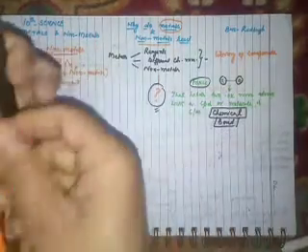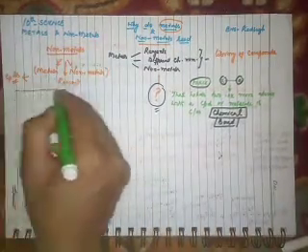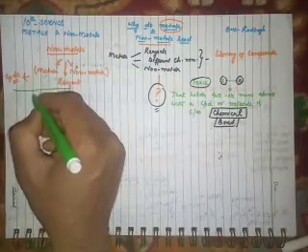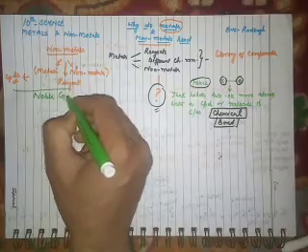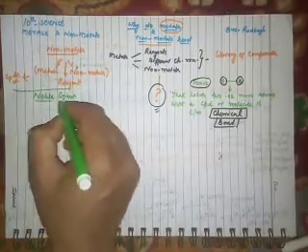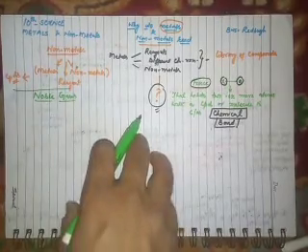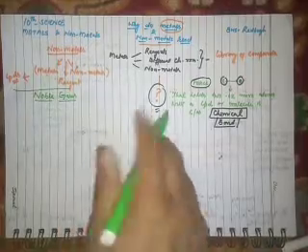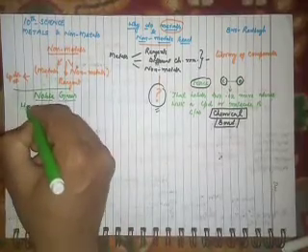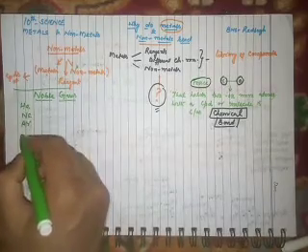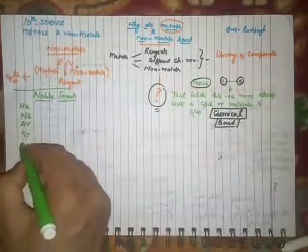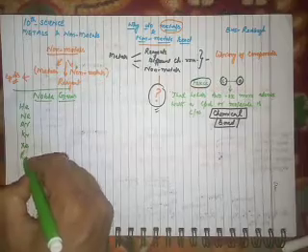Dear students, if we take the case of helium, the noble gases or inert gases or zero group elements of the periodic table, we have helium, neon, argon, krypton, xenon, radon.